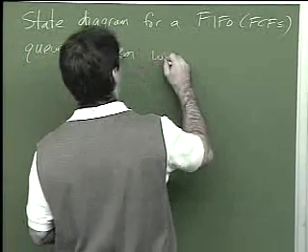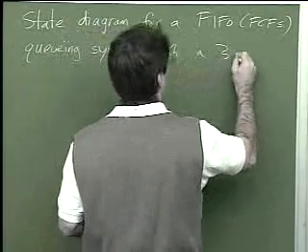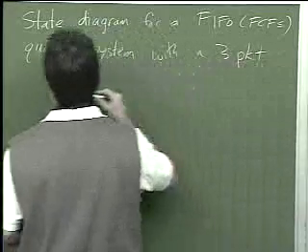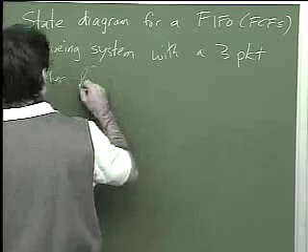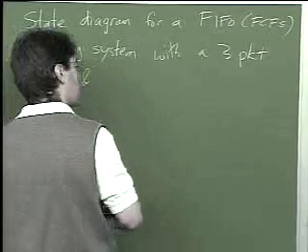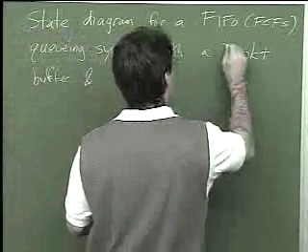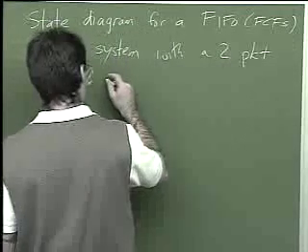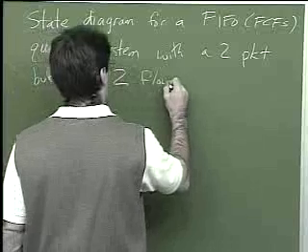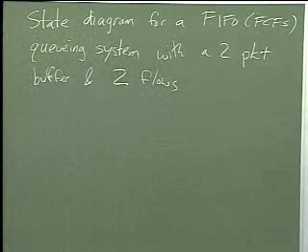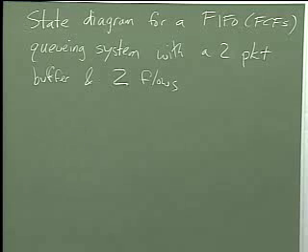With a 2-packet buffer. Okay, turns out that FIFO is probably one of the harder ones to actually model using a finite state diagram.